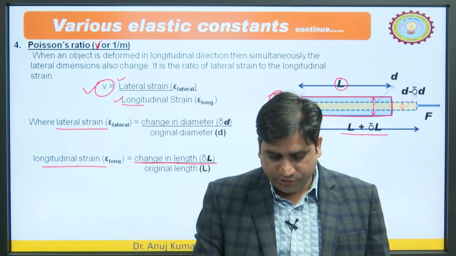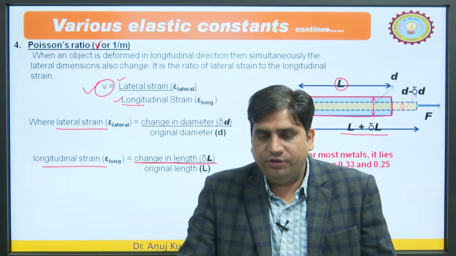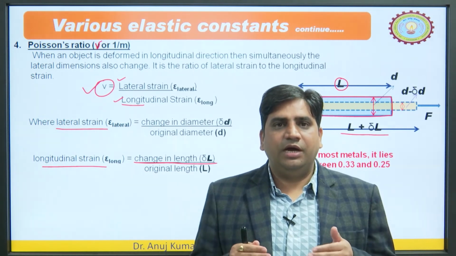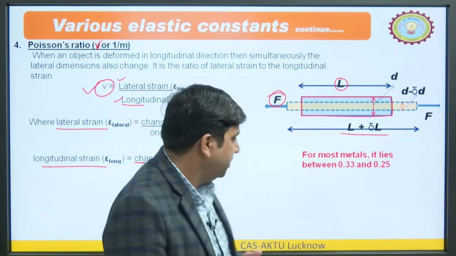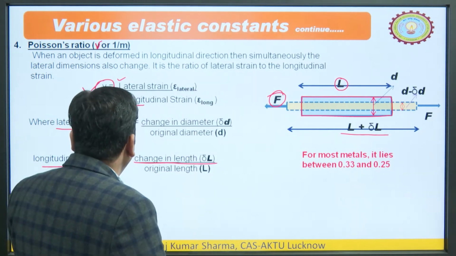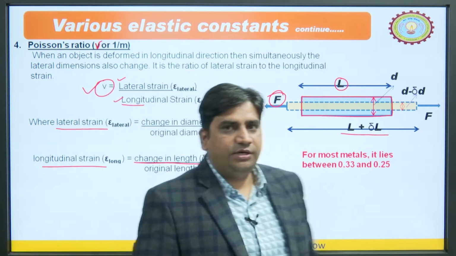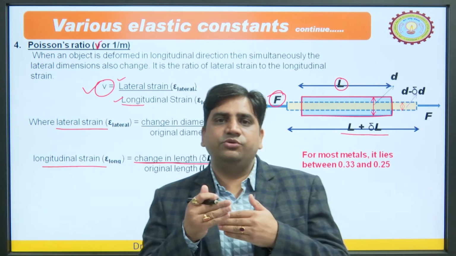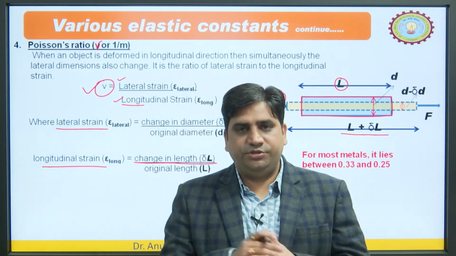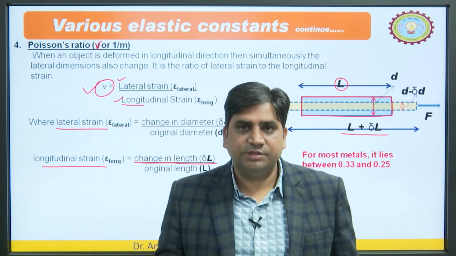Poisson's ratio generally lies between 0.25 and 0.33. Higher Poisson's ratio means higher lateral strain, lower Poisson's ratio means lower lateral strain, right. So, there must be a ratio between the lateral and longitudinal changes in the dimensions of the object. Poisson's ratio explains this.